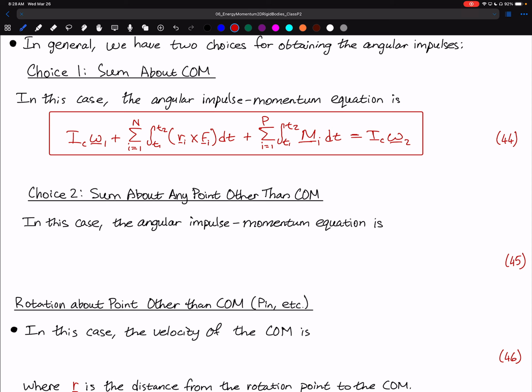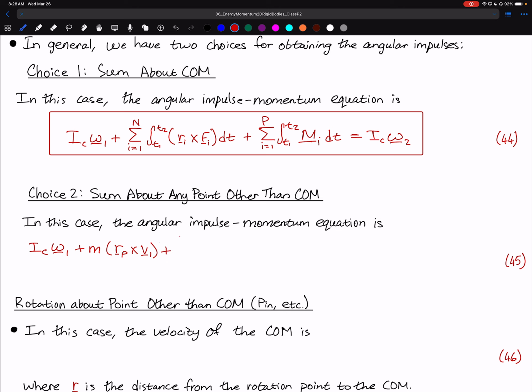So we're going to end up with I sub c times omega 1 plus m r sub P crossed with v1. This is where the parallel axis theorem gets built in.